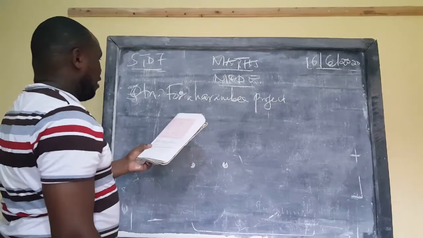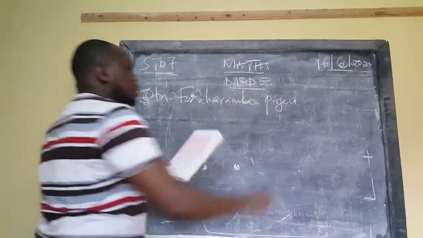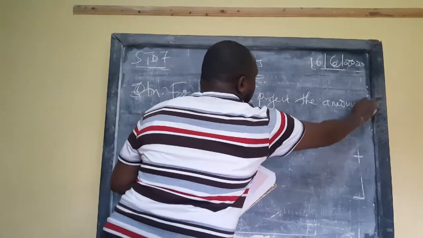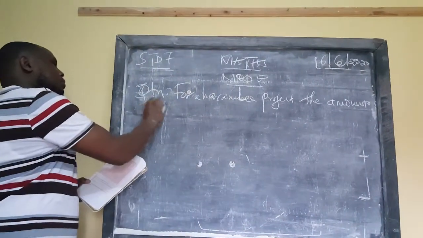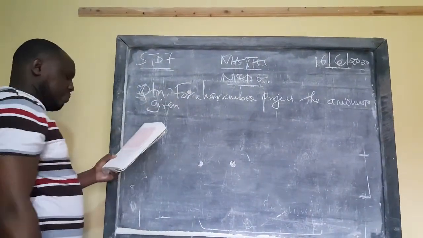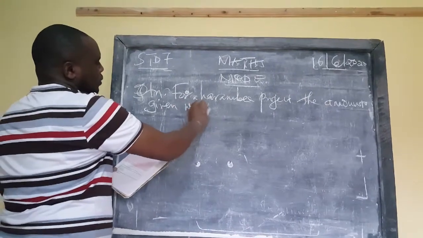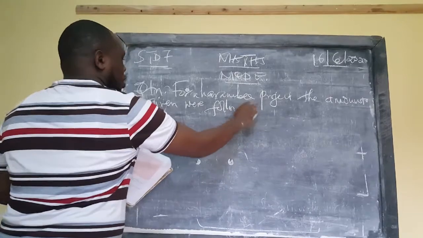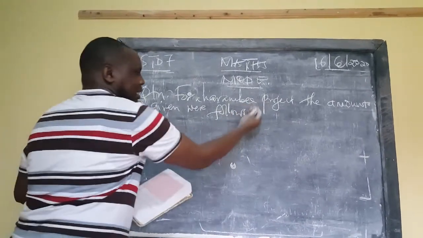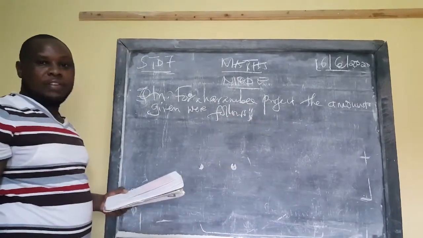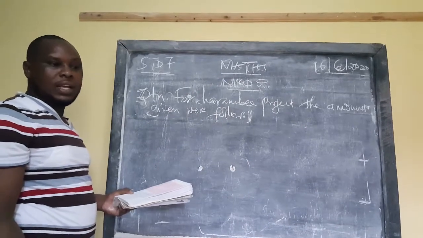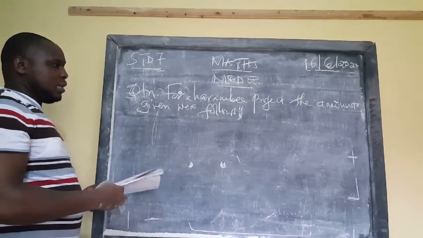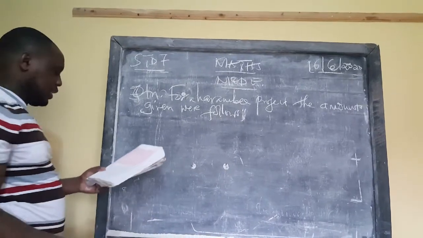So for the harambee project, the amounts given were as follows. People contributed. Sometimes you are given a card. One is given a card of 500, another one for 50, and sometimes this year you are given a card to go and contribute for somebody who was sick.